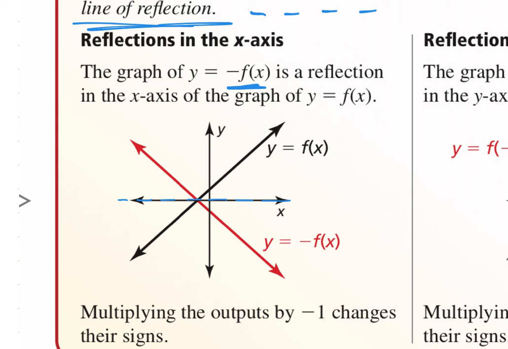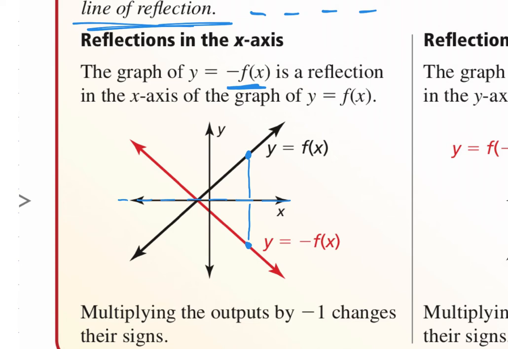Every point on your black line is going to be reflected over that line of reflection. So let's say we had a point up here. The point on the red line is exactly the same distance, but on the other side of that line of reflection.